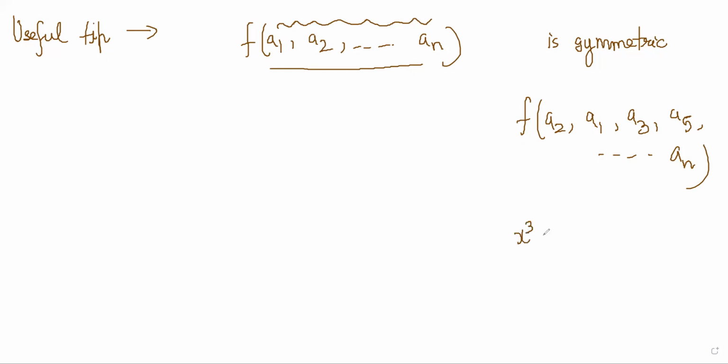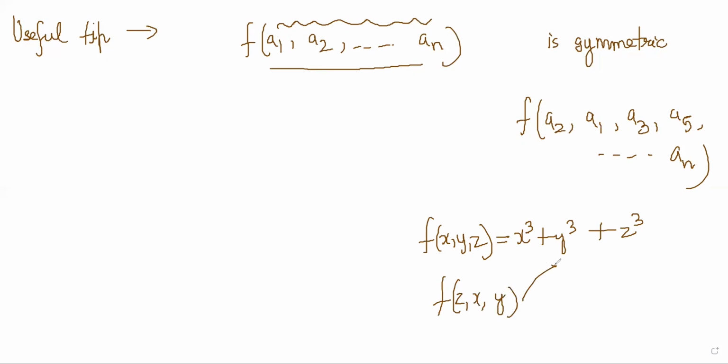Examples could be simple. x cube plus y cube plus z cube is a function of x, y, z, right? Now, it doesn't matter if you make it z, x, y, it is going to be still the same function. So this is a symmetric function. Not all functions are symmetric, obviously.